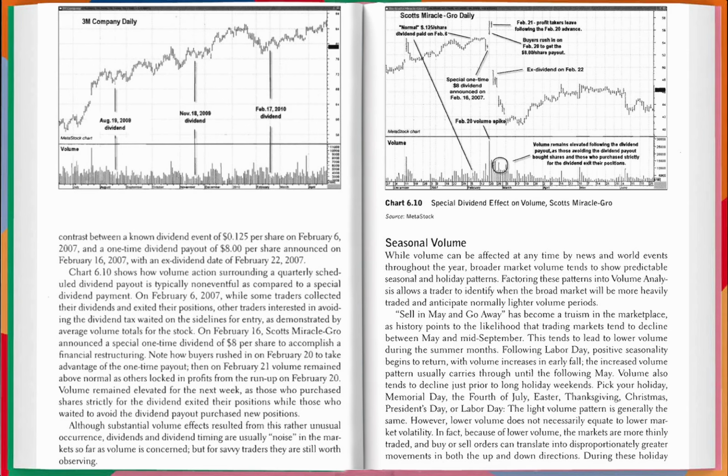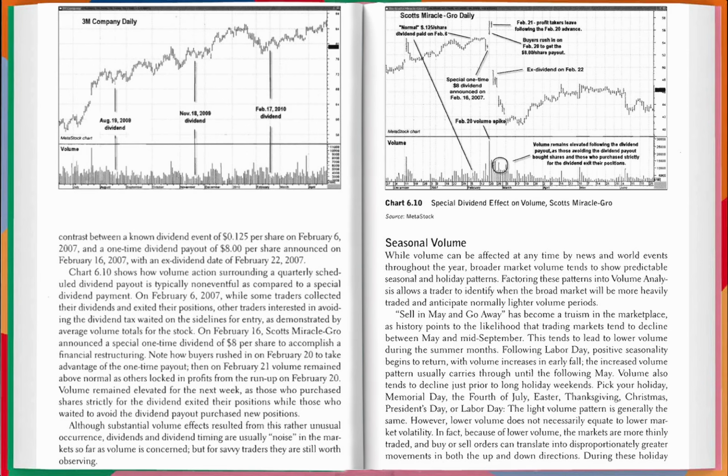Chart 6.10 shows how volume action surrounding a quarterly scheduled dividend payout is typically non-eventful as compared to a special dividend payment. On February 6, 2007, while some traders collected their dividends and exited their positions, other traders interested in avoiding the dividend tax waited on the sidelines for entry, as demonstrated by average volume totals for the stock.